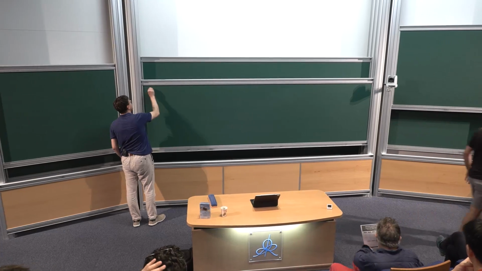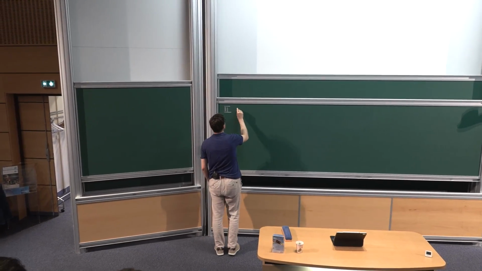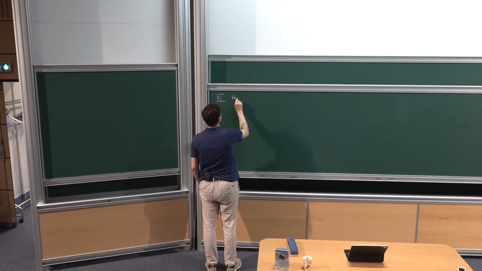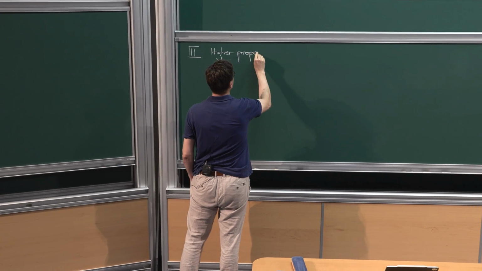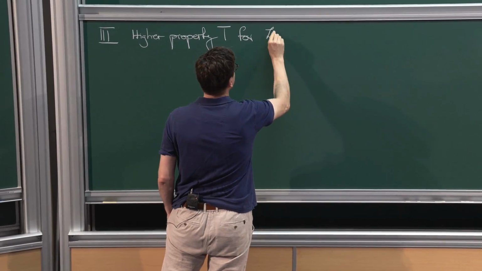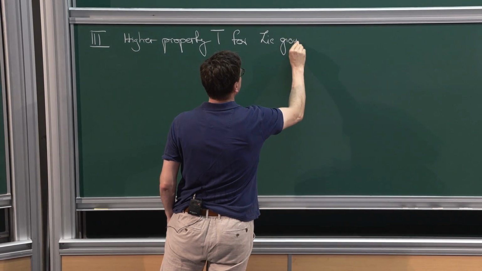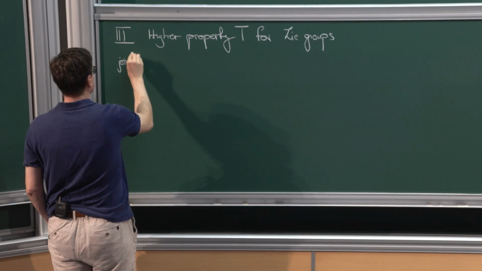So today we talk about the analog of Garland's theorem for Lie groups. And this will be based on joint work with Uri Bader.